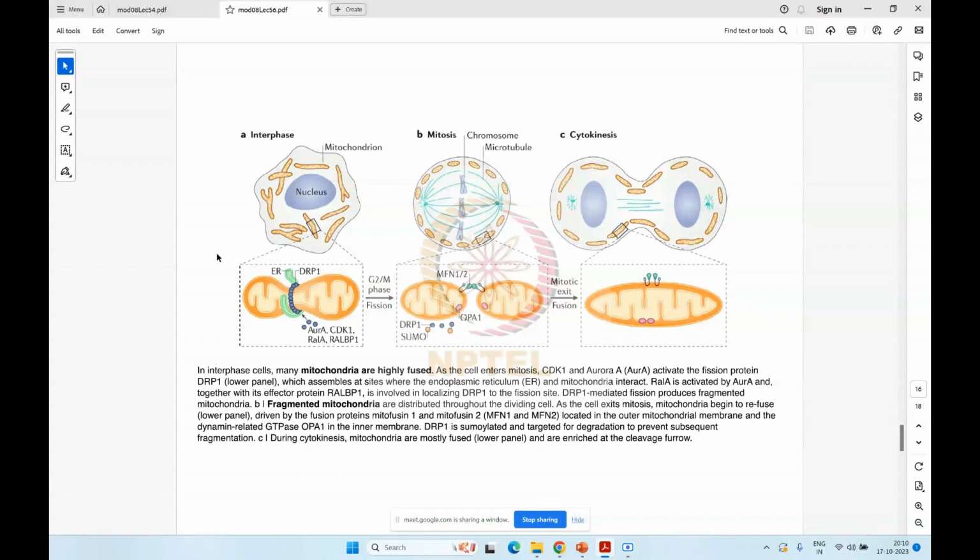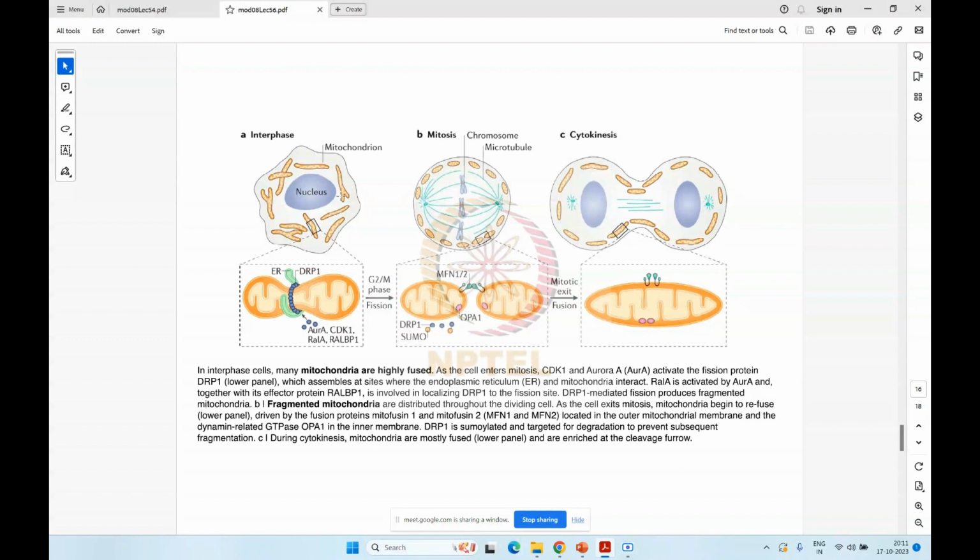So these mitochondria have a sort of turnover rate in which they fragment. However, they are mostly present in a fused form in an interphase cell.